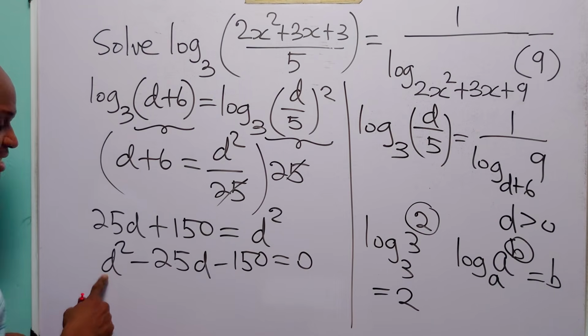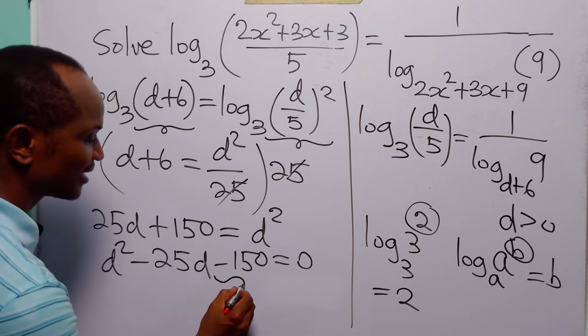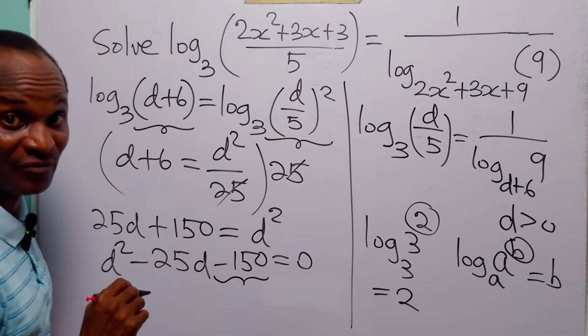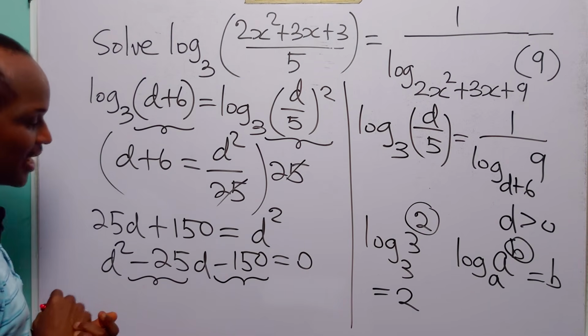Since the coefficient of d squared is 1, all we need to do is find the factors of minus 150 that add up to minus 25.